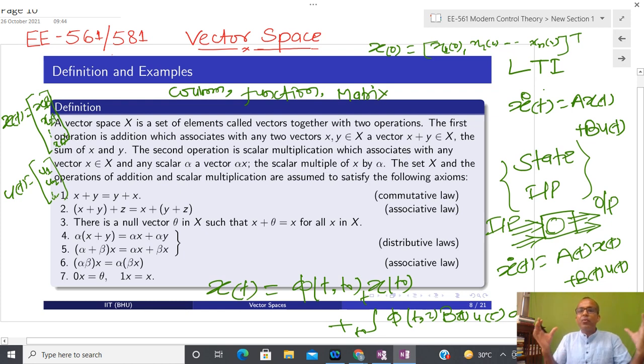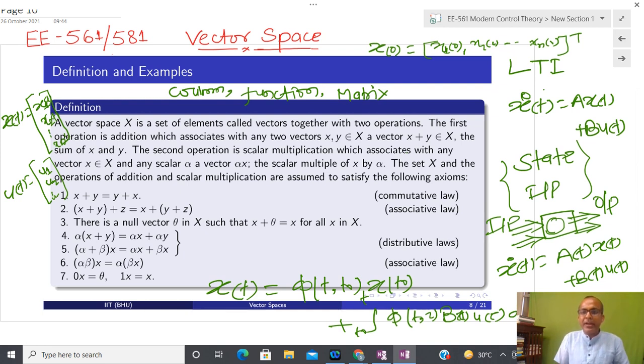It means that whenever I have to cook the linear time invariant or linear time varying system, I need different flavors and different kinds of ingredients. Sometimes the ingredient lies in column space, sometimes in function space, sometimes in matrix space. If you know all the spaces together, only then are you able to understand the whole theory behind linear time varying and linear time invariant systems.